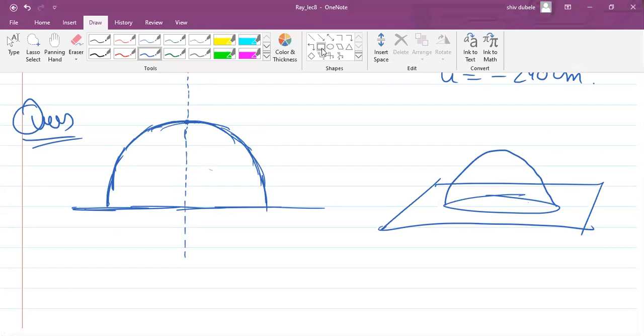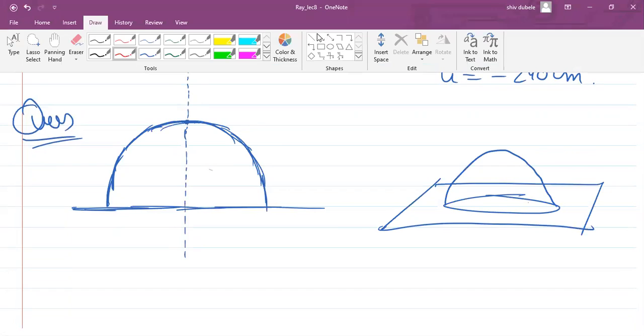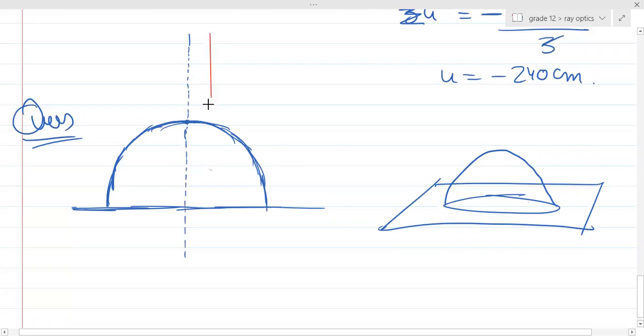Now the question is, if there is a vertical paraxial ray, please remember it is paraxial only.